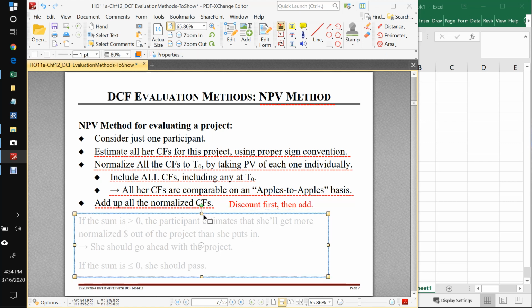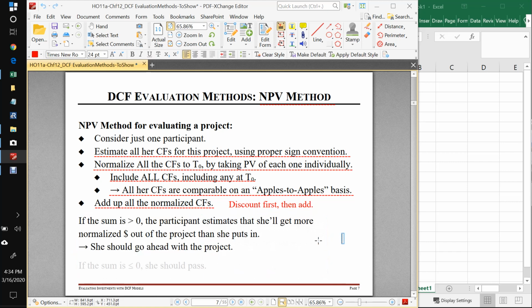Okay, and now, since everything is normalized, if the sum of her beautiful normalized cash flows for this project is greater than 0, the meaning of that is that she estimates she's going to get more normalized cash out of the project than she puts in.